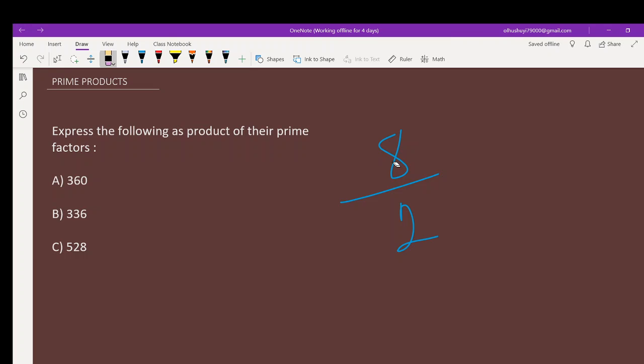Of course, 8 itself is a factor. The multiple of this 2 will also be a factor, that is 4 is a factor of 8. Then 8 will also be a factor of itself, like I said before. So here I'll take this as the multiple, and I'll take this as the factor.